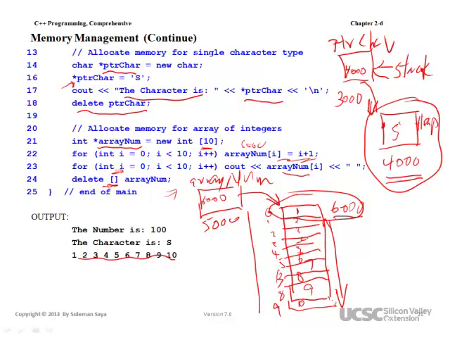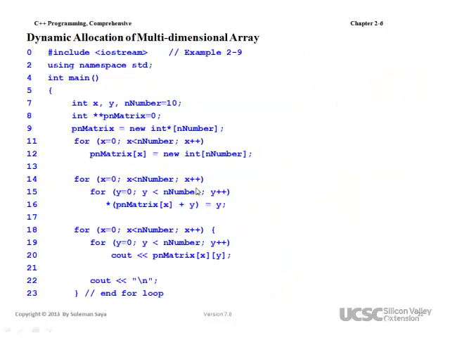So this is a basic example about the new and delete operator that we just discussed, allocating one integer, one character, or 1 byte, and an array of integers. That's what we went over in this example. So now let's look at the next example and see how we can utilize the new and delete operator for a multi-dimensional array.